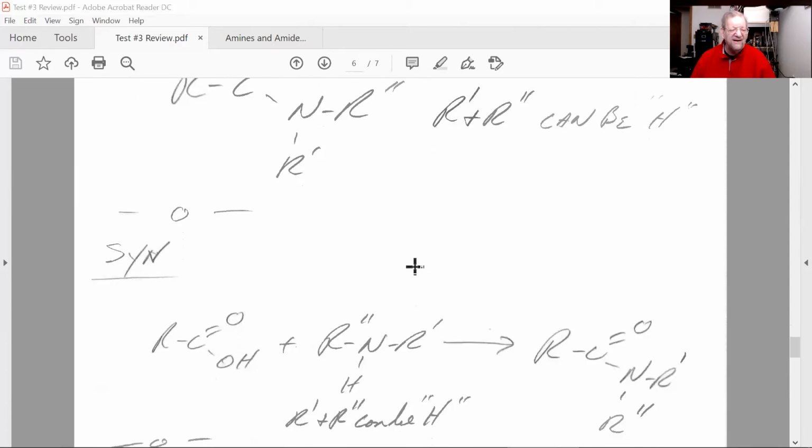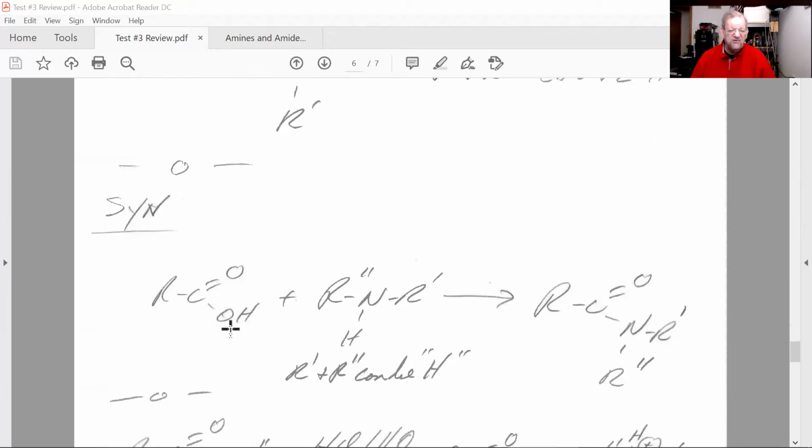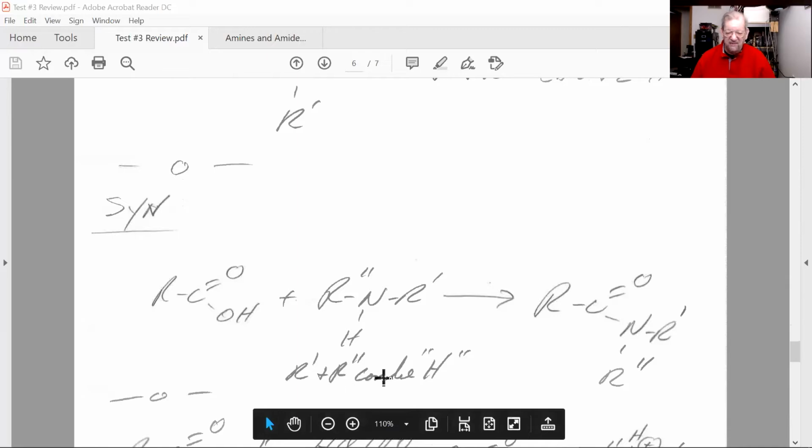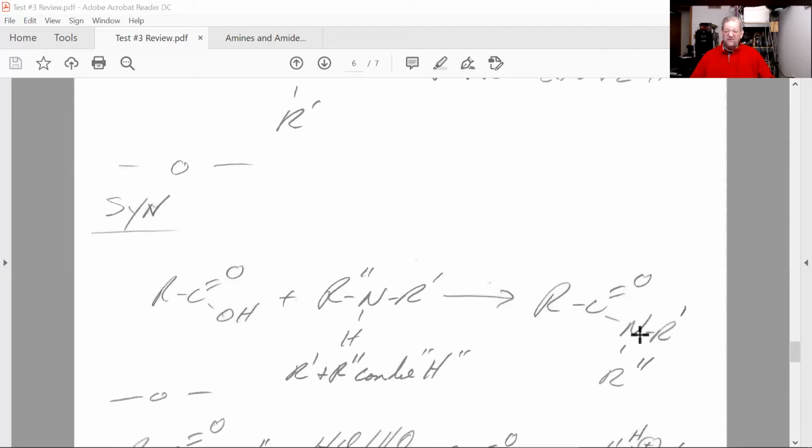How do you make an amide? You start with a carboxylic acid and react it with ammonia, because R prime and R double prime can be hydrogen. When these are both hydrogens, you'll get this amide. And you can have one or both be carbons, and you'll still form amides.